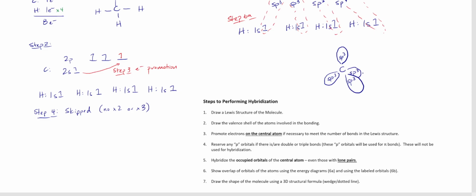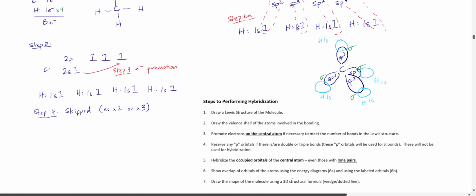So hopefully that diagram there is a good 3D diagram that shows sp3 hybridization in a tetrahedral structure. What overlaps here is the 1s of the hydrogens. So that's my hydrogen 1s. And as a result of this overlap, I get a sigma bond on each of these areas of overlap between the sp3 and the 1s orbital.